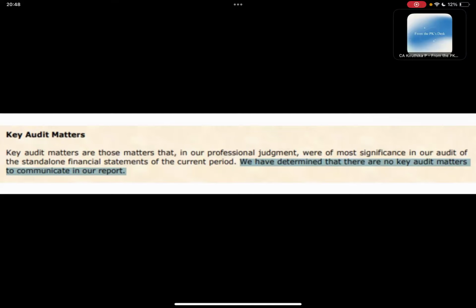Is it an error that they haven't included it? Or was there no key audit matter at all? So there will be confusion and no clarity. Hence, in case of listed entities audit, that is for those entities for which it is mandatory to include key audit matters in the audit report, we have to say that we have determined that there are no key audit matters to communicate in our report. So there will be no ambiguity at all.